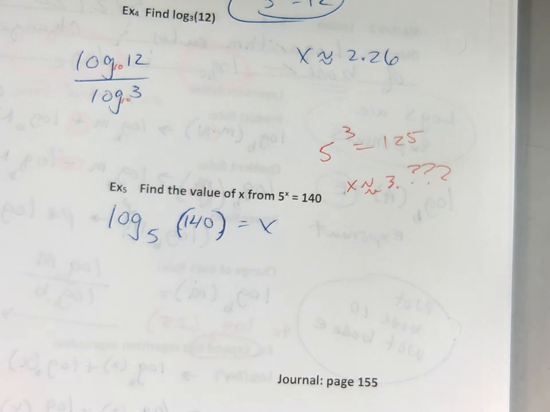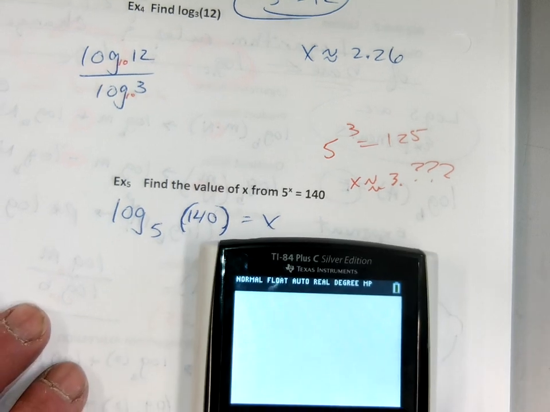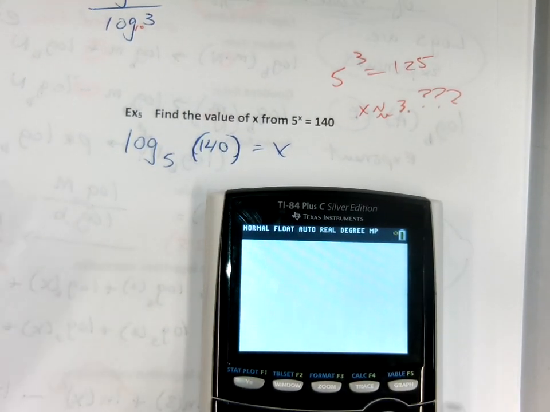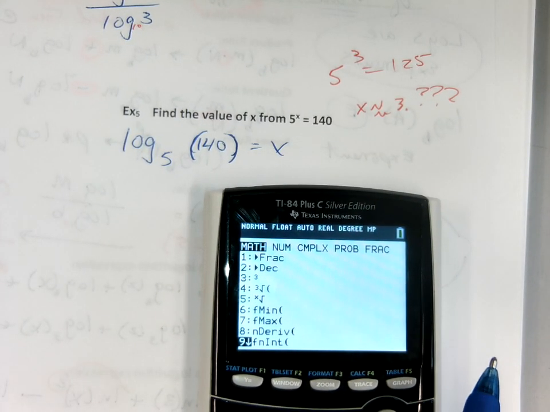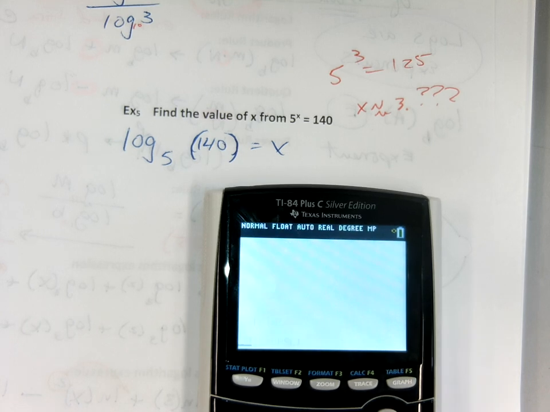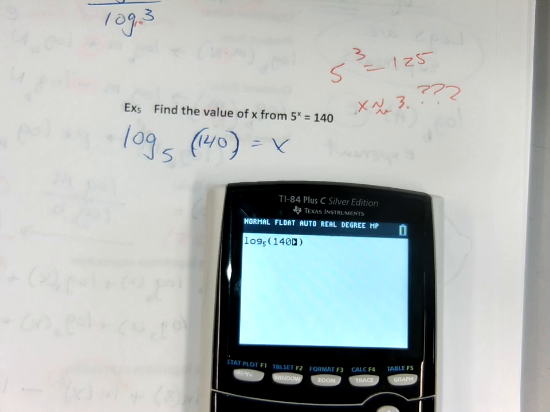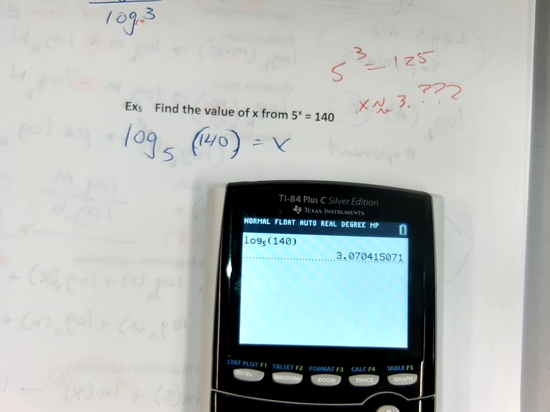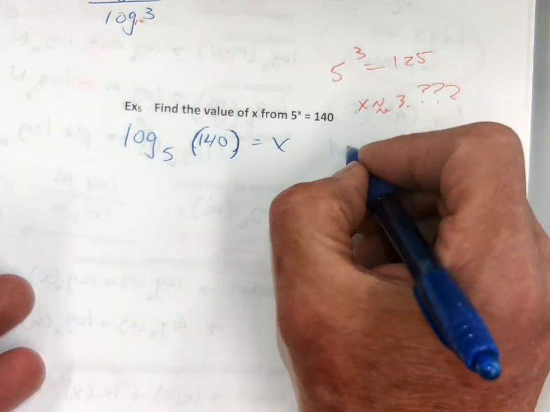Now I could either use good technology, which I have, and find the button in math. I can find it there, log base 5 of 140, and I should get an answer of about 3.07, okay?